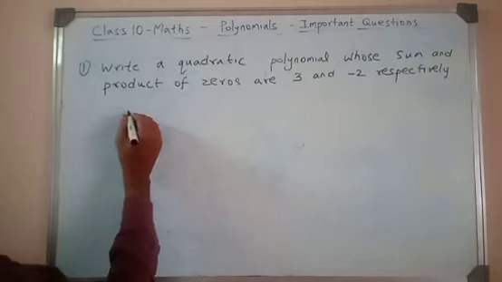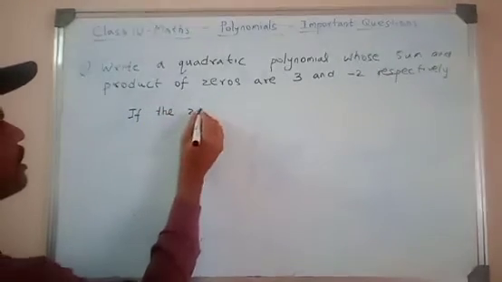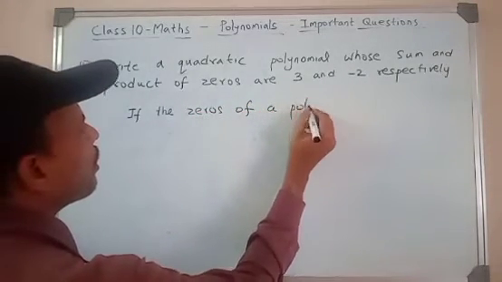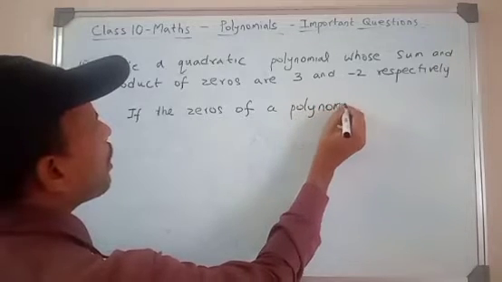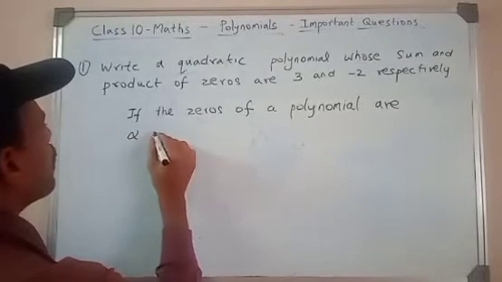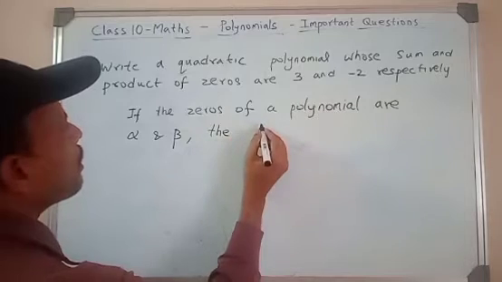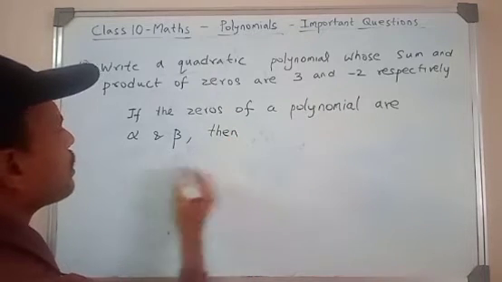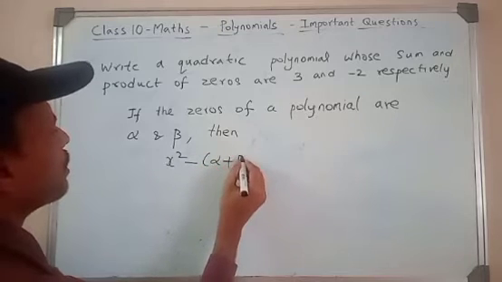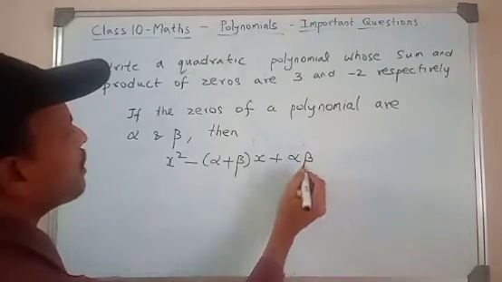If the zeros of a polynomial are alpha and beta, then we can write the polynomial as x square minus alpha plus beta into x plus alpha into beta.